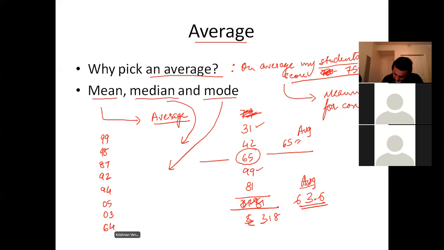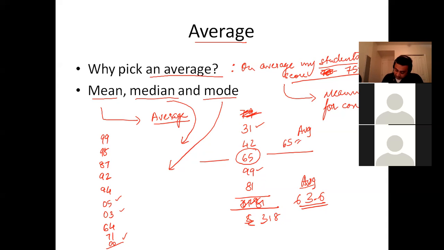Now I have 10 students marked here. The average would be very misleading because these 3 scores are going to drop the average considerably. They would not represent anything because I really have very few students at an intermediate value.